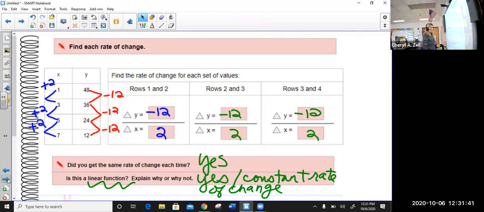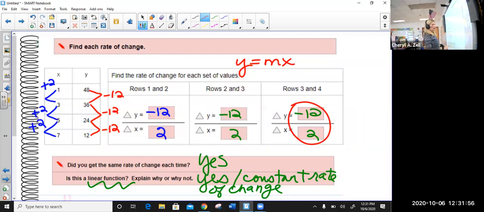So let's talk about that equation, the rate of change equation or slope. So if I had to write the y equals mx, and m is our slope, okay? Our slope is y equals -12 over 2x.